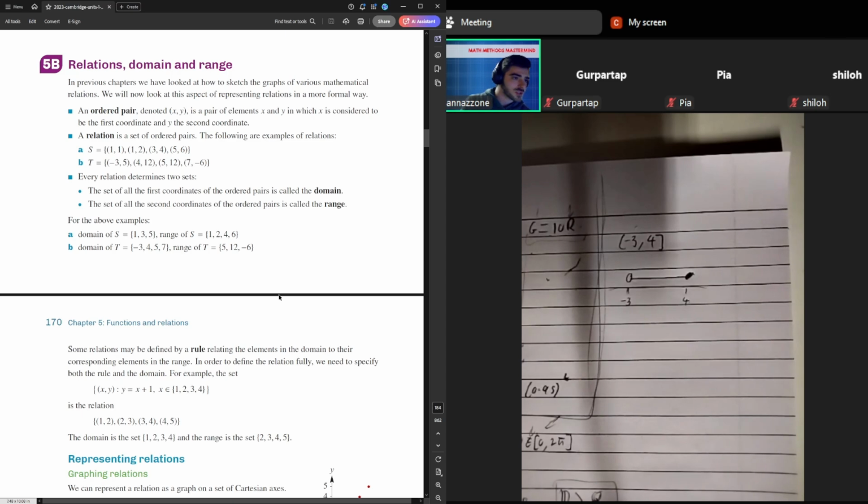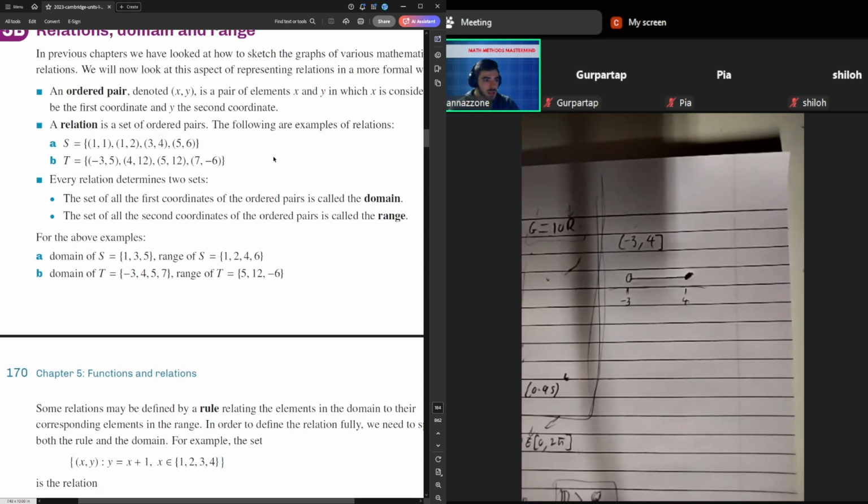Relations, domain, range. What's worth discussing here is that sometimes when they are giving you questions which are domain, range, relations specific, they might give you weird stuff like this, which is a set of ordered pairs. Not all relations are rules like y equals x plus 1, x squared, things like that.